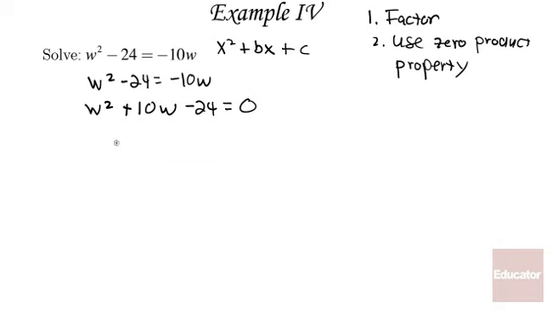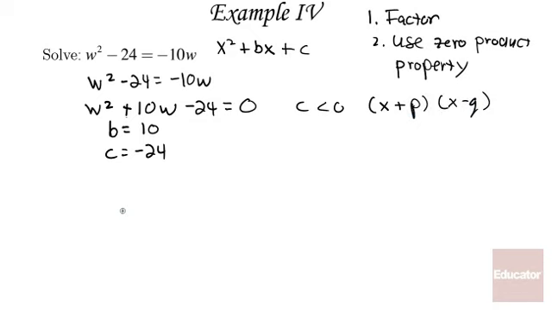Okay, using my usual approach, B is 10, C is -24. So I'm looking at the signs that I have here, and C is less than 0. So I already know that I'm going to have x plus P, x minus Q. I also know that the sum of P and Q is going to be 10.